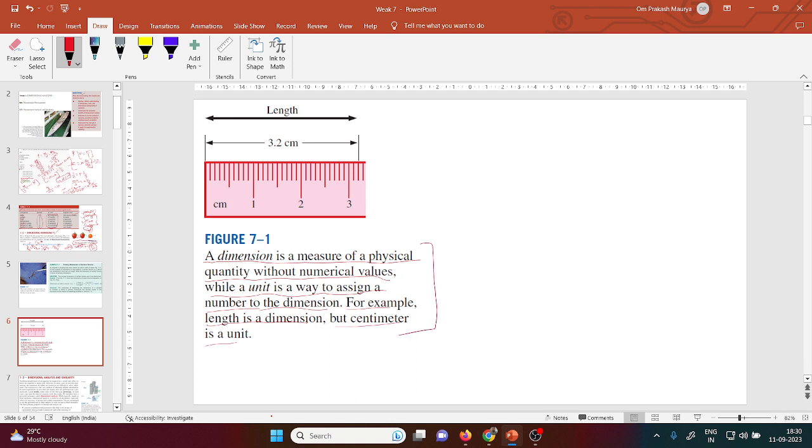I have taken this figure for your understanding, so you can take a screenshot. And why do we need the centimeter? Because it assigns the numerical value, like 2 centimeter, 3 centimeter, but you cannot say 2 length, 3 length. So this is the concept behind length, dimension and unit.